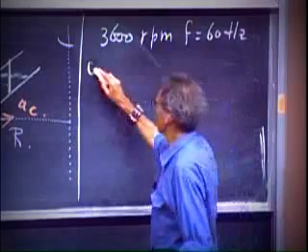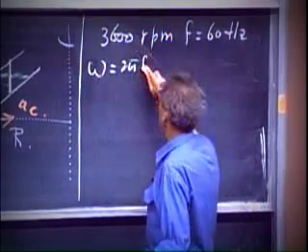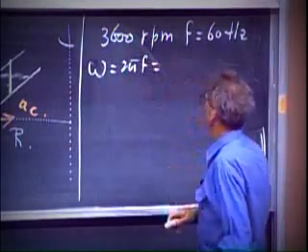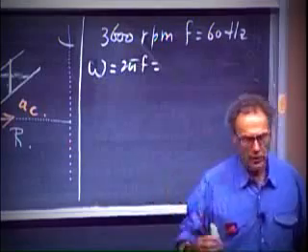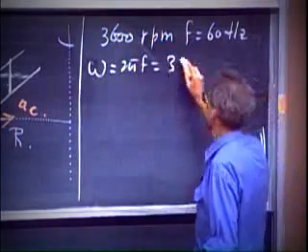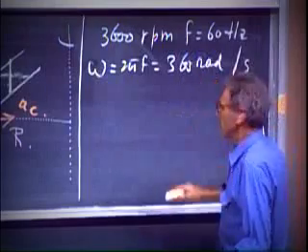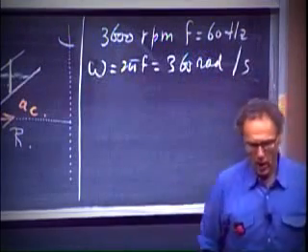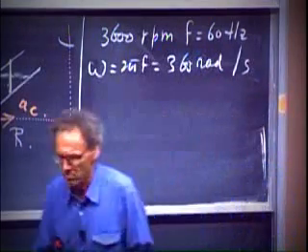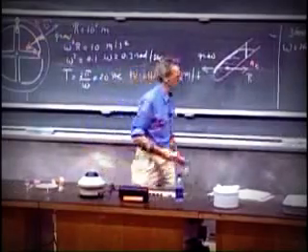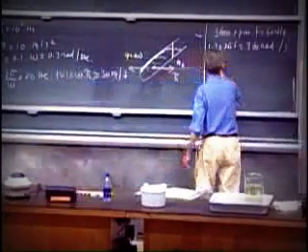Omega is 2 pi times f, which is therefore roughly 360 radians per second. If we assume that the radius is maybe 10, 15 centimeters, whatever, let's take a radius of 15 centimeters.